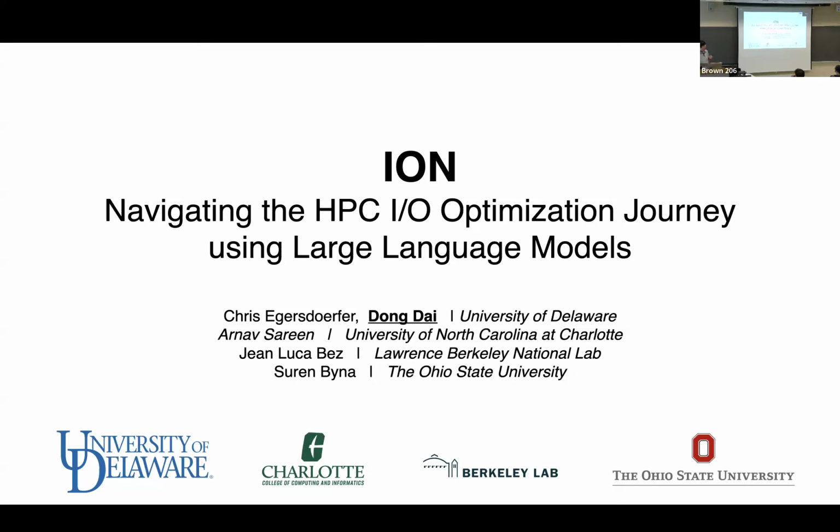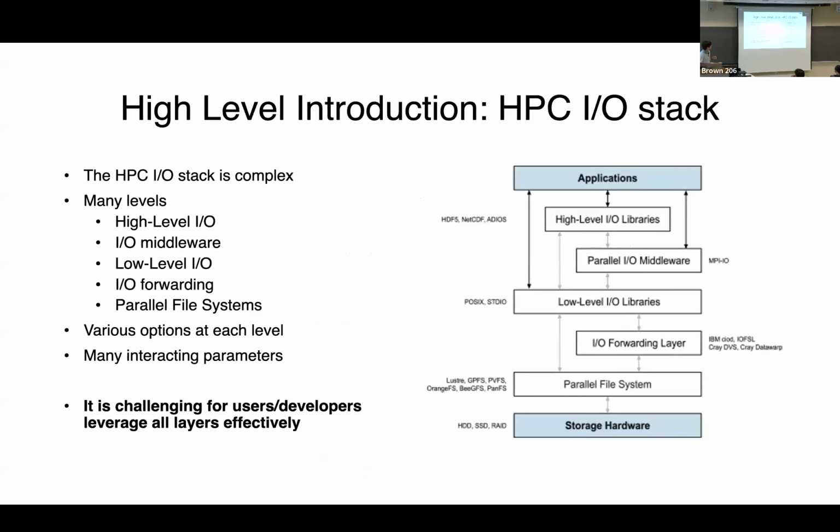So let me give you some background on what this is all about. At a high level, if you look at the HPC IO stack in the right figure, which I just mentioned briefly on the hardware aspects earlier, this is the software aspects. Again, it's similarly complex, right? At the top, the application starts to access data until it reaches the very low level storage hardware.